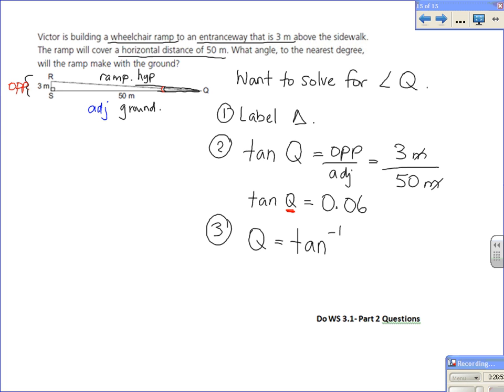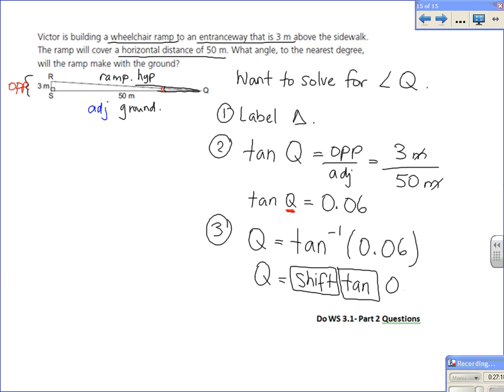So in my calculator, if I have the button tan to the -1, I'll use that button. Otherwise, I'm going to press shift or second function tan to take the inverse tan, and I'm going to type in 0.06 because that's my tan ratio, and Q is equal to the inverse tan of 0.06, which is 3.43 degrees.